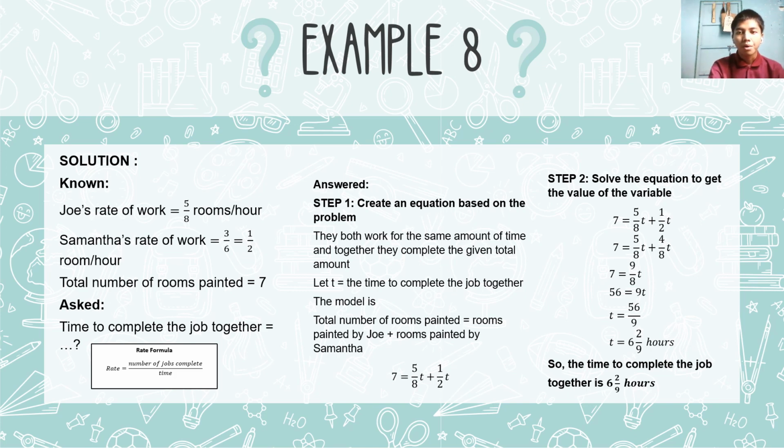So we got 14 equals 9T. Divide both sides of the equation by 9. So we got T equals 14/9, T equals 1 and 5/9 hours. So the time to complete the job together is 1 and 5/9 hours.